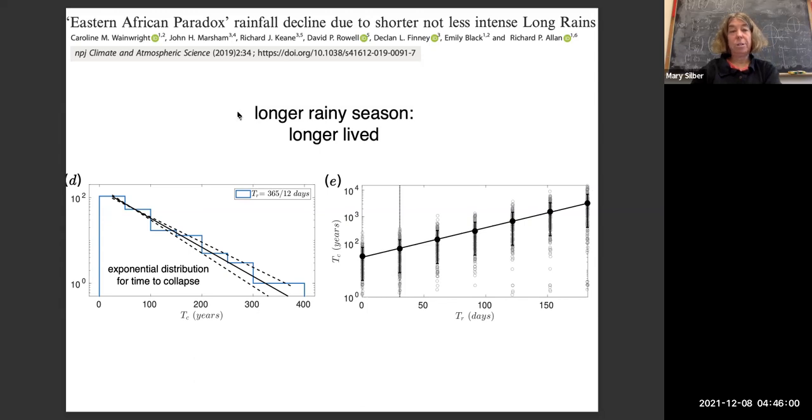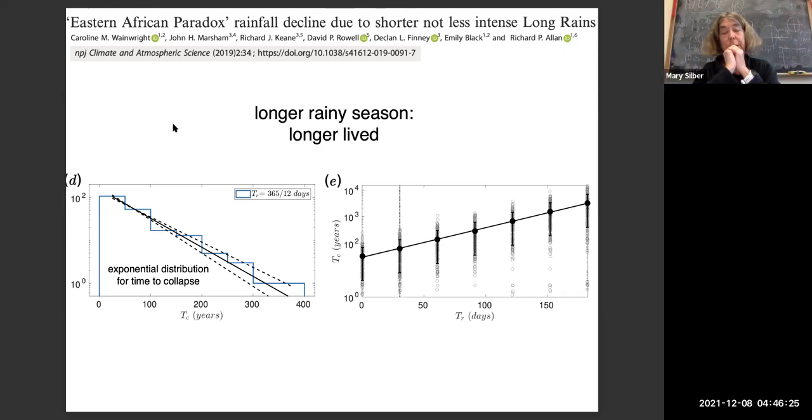And so I'll just make one reference to things that are inspiring some of these studies, which is this thing that they call the East African paradox. I don't really think it seems like a paradox, but there have been severe droughts in these regions associated with one of the rainy seasons over a 10-year period.